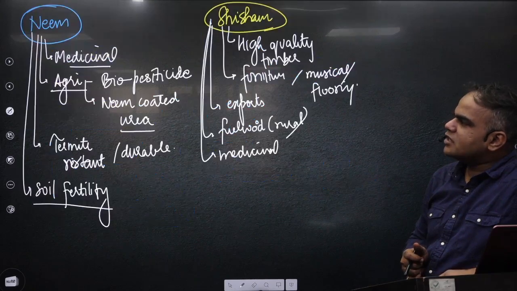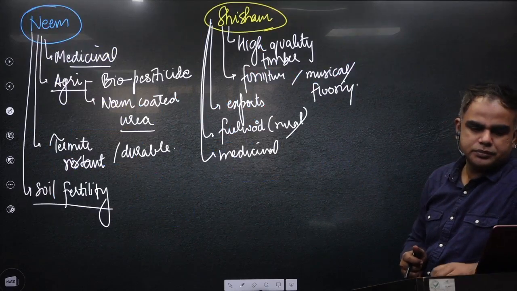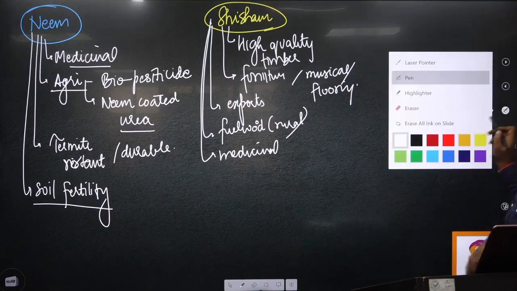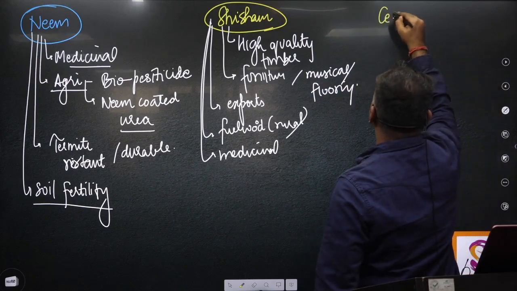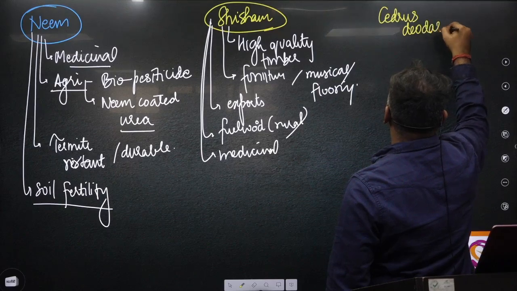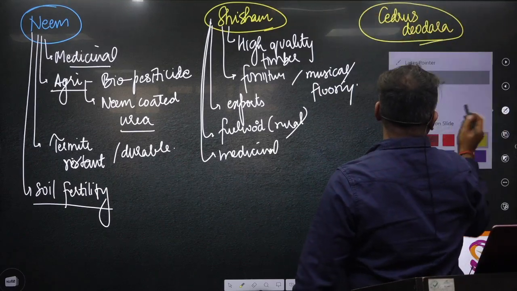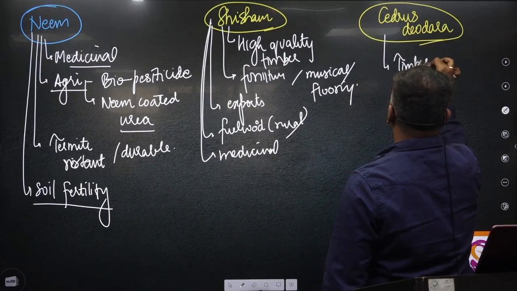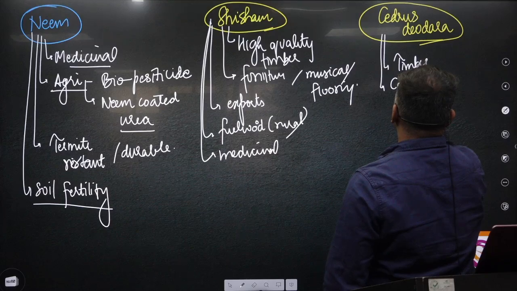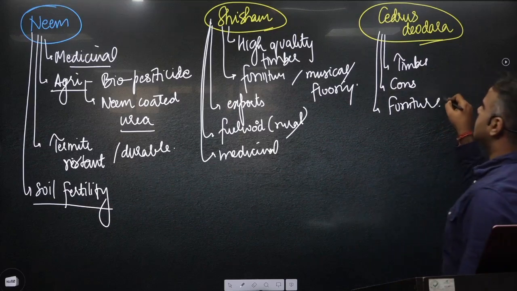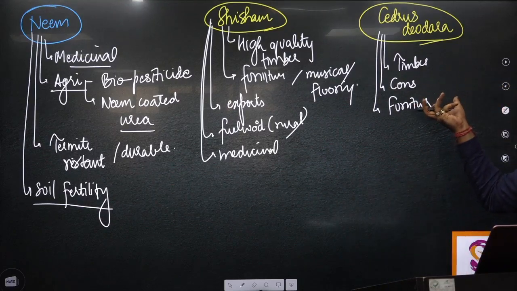Then you have Cedrus deodara, that is deodar. Okay, now Cedrus deodara is also used, similar points I will be writing here also. Points like, same, I'll start with timber, we can go into construction, I can talk about furniture. This will also be of course here.